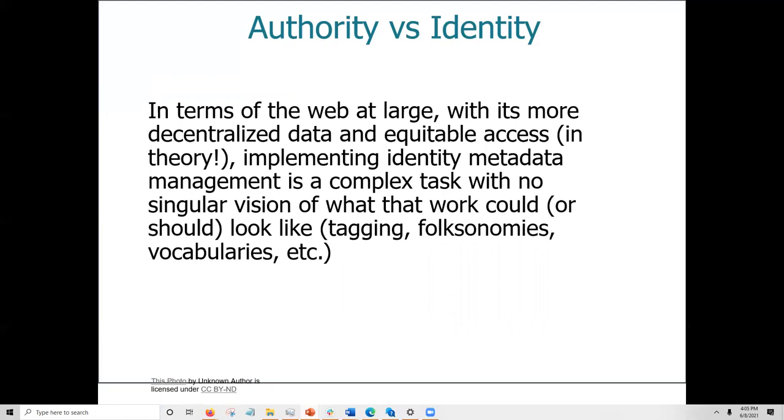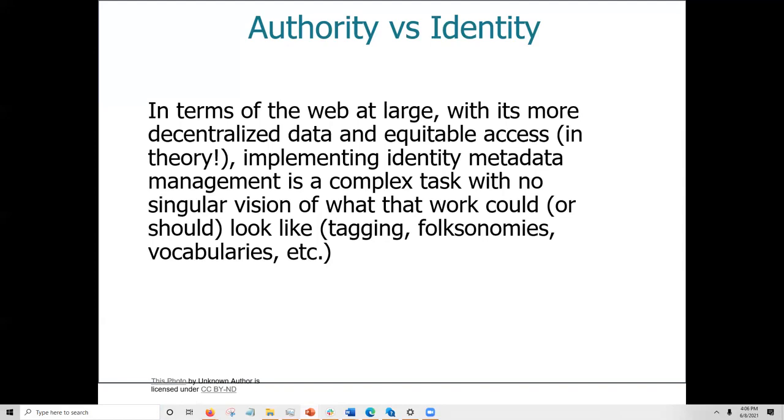And in some ways, it was meant to have equitable access. Now, in theory, because as we've talked about, you have to have the equipment, even in the early days you had to have dial-up, all that kind of stuff. Certainly none of that was cheap. So even though everybody could create something on the web, in theory, not everyone could create something on the web.